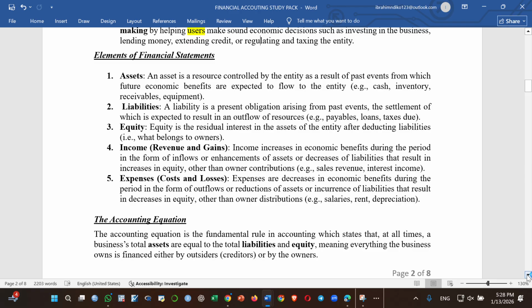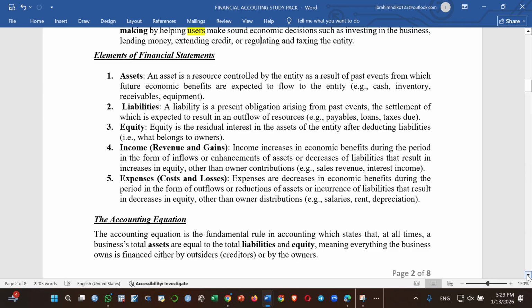You cannot claim that you have an asset and then say that you are going to purchase it in the future. No. For something to be an asset, you must have it, or you did a transaction during the past. So you cannot say that you have a computer which you expect to buy tomorrow.